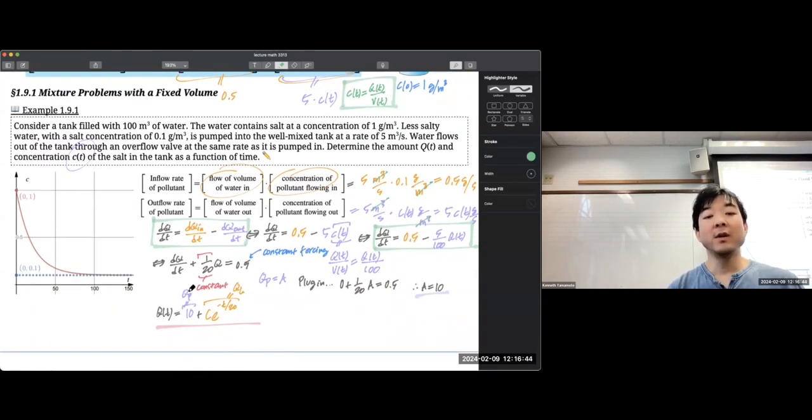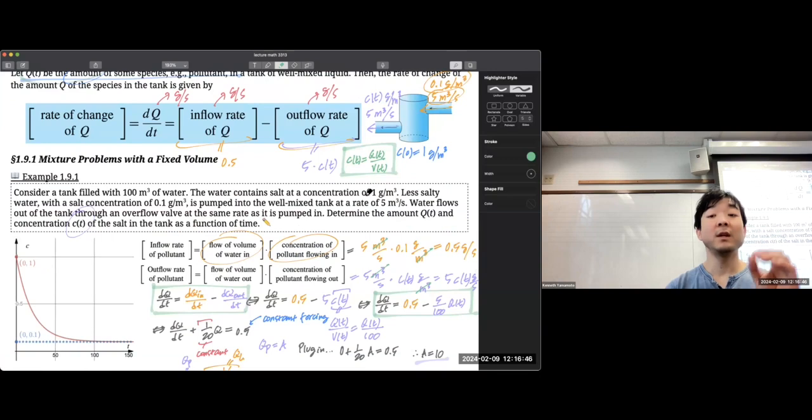So if you wanted to know the initial Q, the initial amount of salt in the tank, you want to use this, but they give you concentration and volume. So that means that if you solve for Q from this, you'll get that Q of T is equal to C of T times V of T. So it's not that surprising.